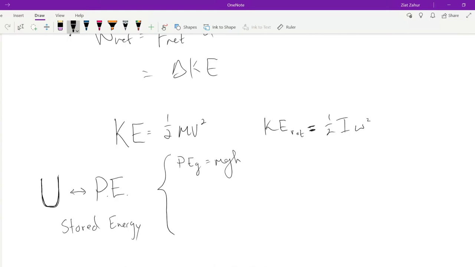So Pegmaga, mgh, we have, what else? Gravitational, we have spring potential, PES, of course. PES, or elastic potential energy, 1/2 kx squared. We know more. You guys are not thinking about all of them. Electric potential, okay, fine, PEE.